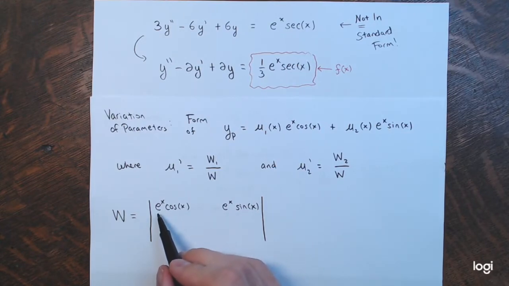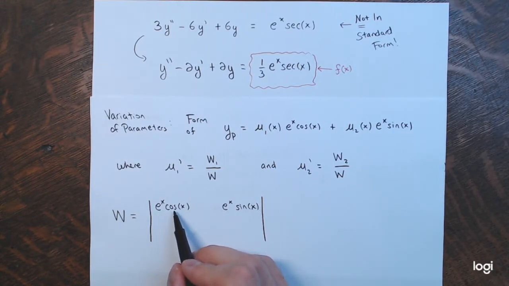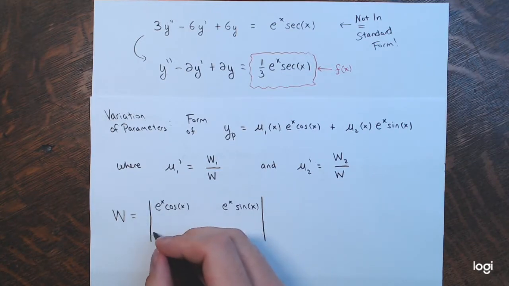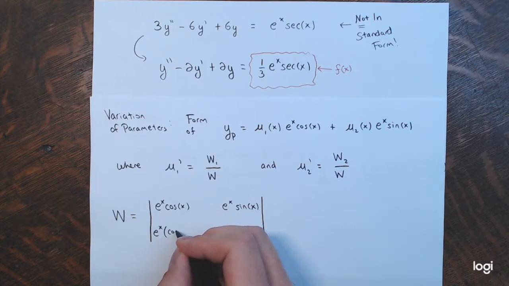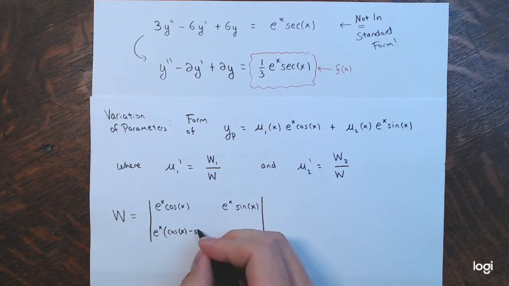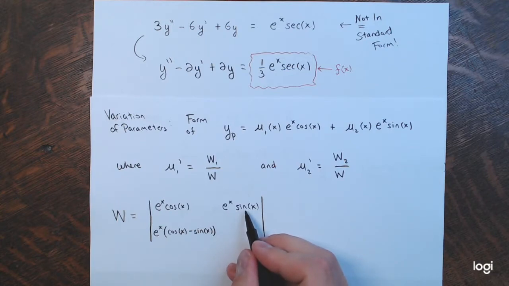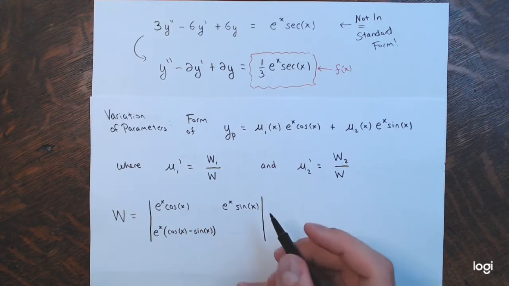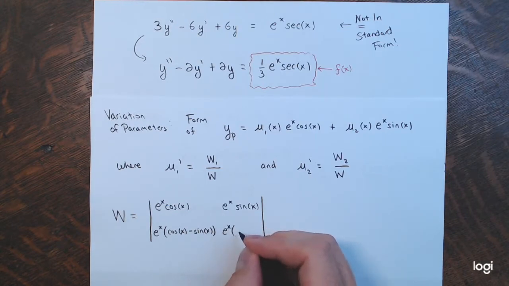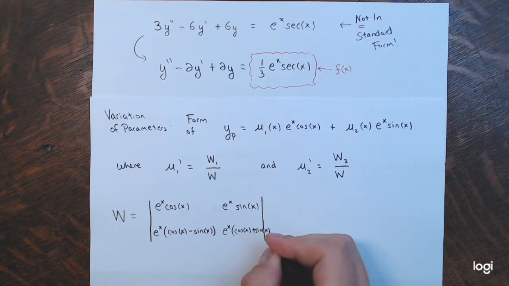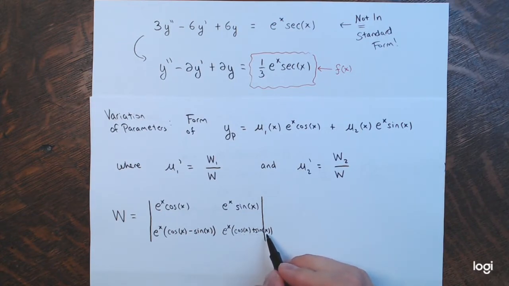This would be e to the x times negative sine x plus cosine x e to the x, so it's e to the x times cosine x minus sine x. And then the derivative of this would be e to the x times cosine x plus e to the x sine x, pulling the e to the x out, e to the x times cosine x plus sine x.